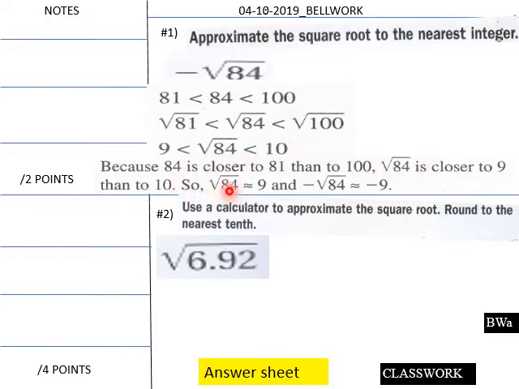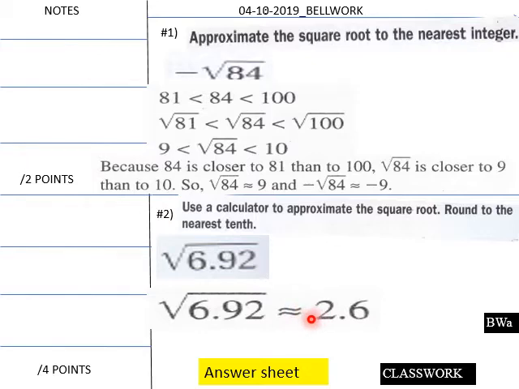So the square root of 84 is approximately 9, and the negative square root of 84 would be approximately negative 9. And then down here, using a calculator, the square root of 6.92 comes out to approximately 2.6.